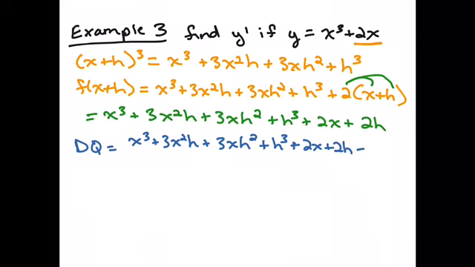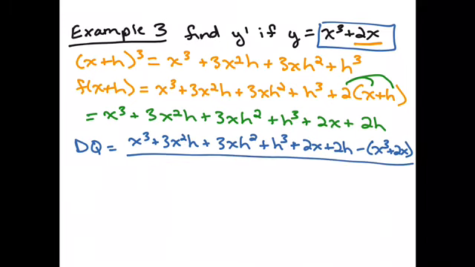Minus the original function, which is up here. All over h. So we're going to distribute that negative.